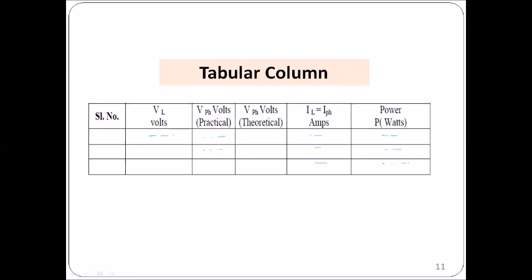Whatever is given in the tabular column as theoretical, we have to calculate using the formulas discussed, right?